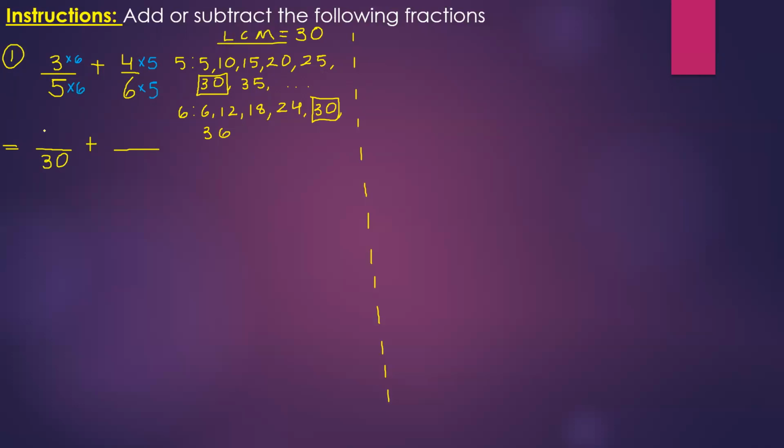Very good. And Kai, what is 6 times 5? 30. And what is 4 times 5? 20. Very good.